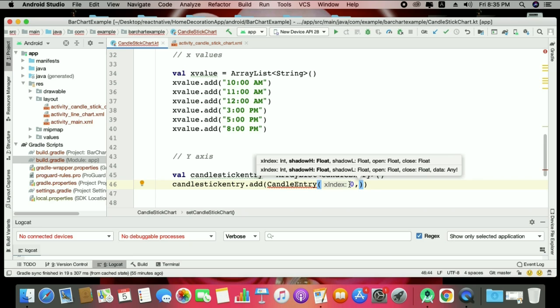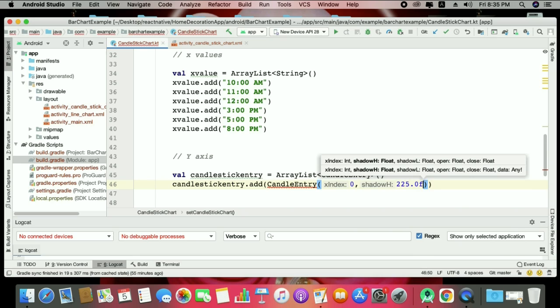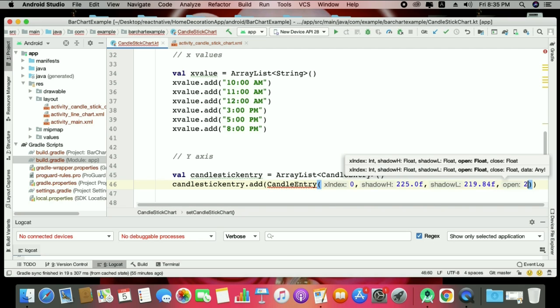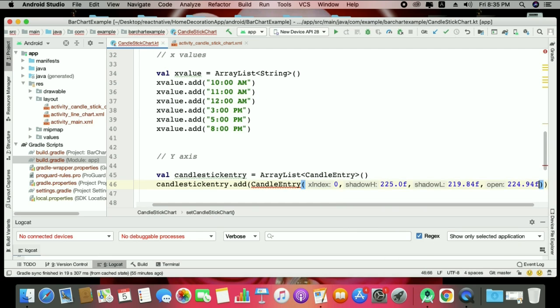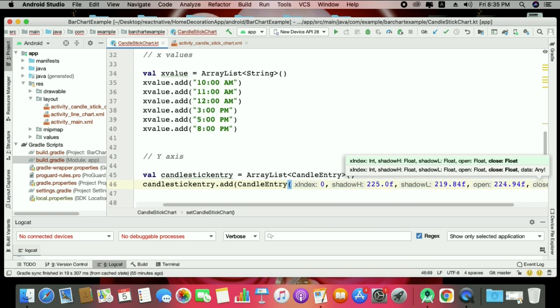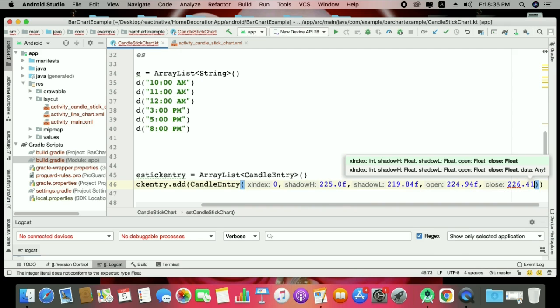So first, if you want the price to rise, it would be like 0f, nearer 219, that is your open price, so the price will be 2.84, and that will be 224 point something nearer, and that's your close price, you can work with as 226.41f.